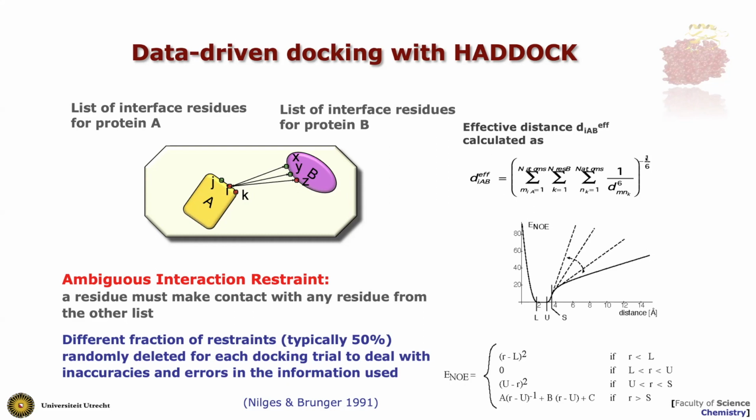We do this sum of 1 over the distance to the 6th power, so 1 over r to the 6. If you are an NMR expert in the audience, you recognize this as dipole-dipole interactions, which is the reason why it was introduced, because the first reason to use this kind of averaging came from NMR.